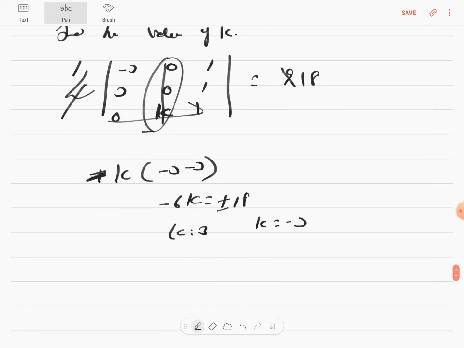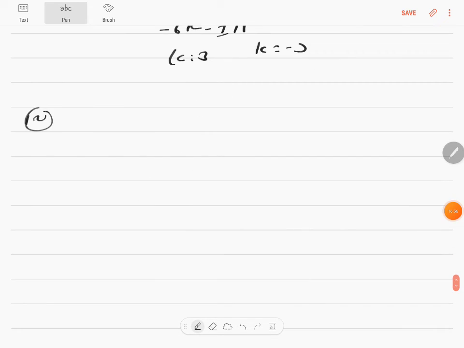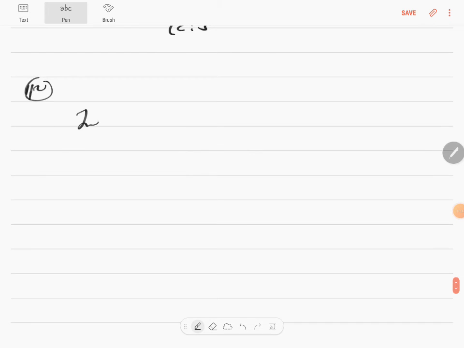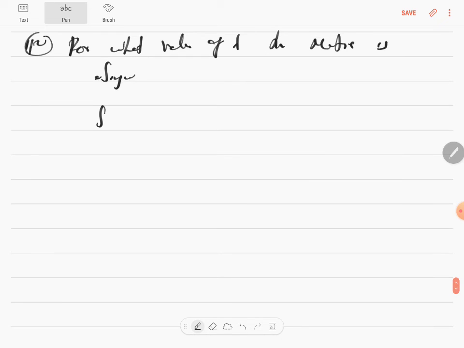Next is the 12th question. Find for what value of lambda the matrix is singular. The matrix is 1, lambda, 0, 3, minus 1, 2, 4, 1, 5, and it is singular.